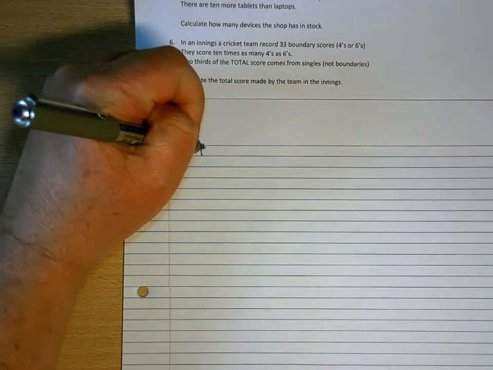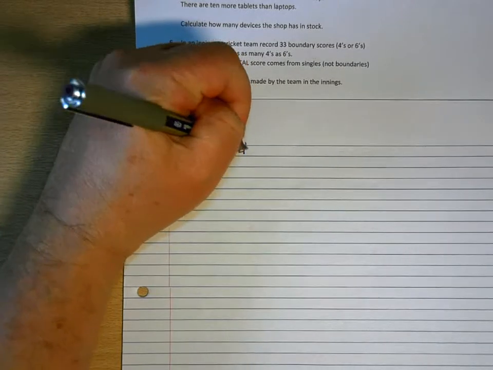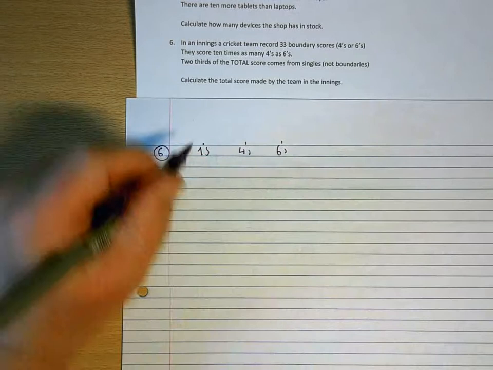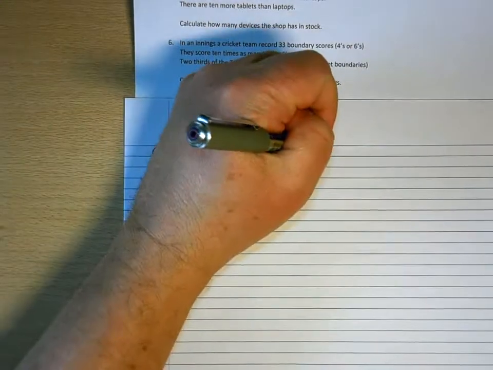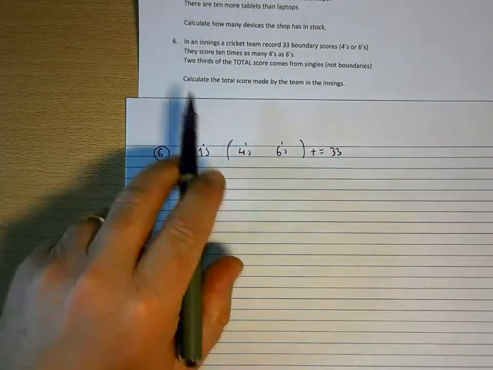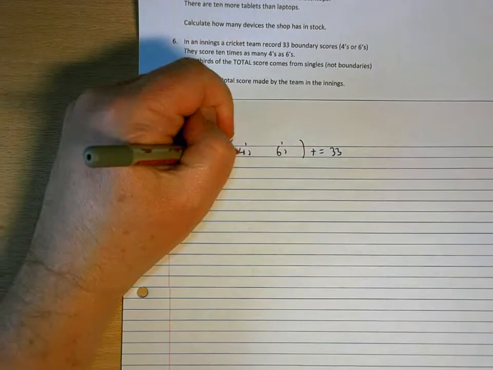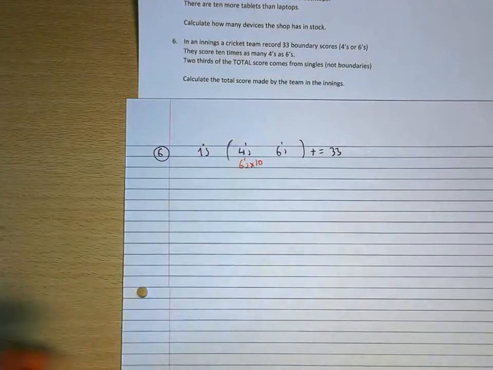So we've either got scores in singles, or in fours, or in sixes. These are the boundaries, so these are going to add up to 33. They scored 10 times as many fours as sixes. So to work out the fours, it's going to be sixes times 10.